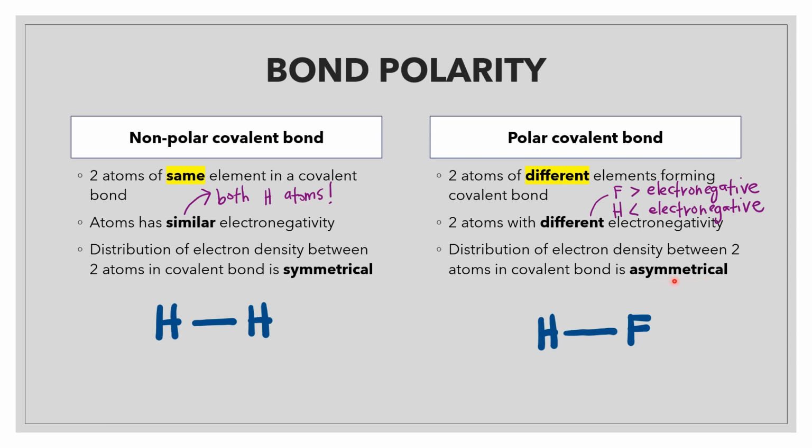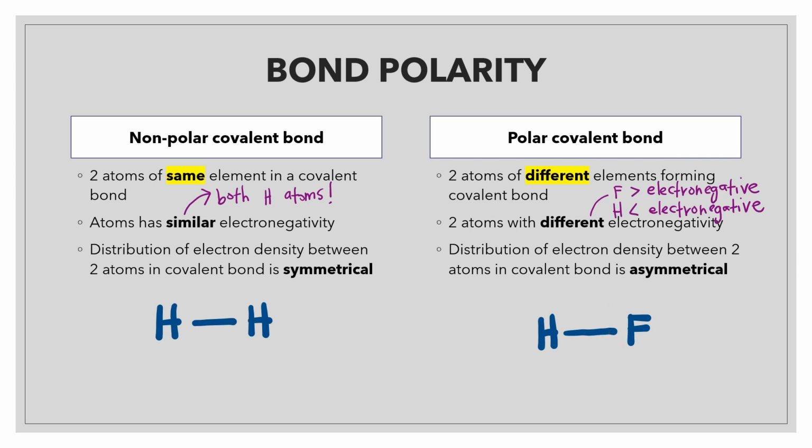Okay, so bagaimana boleh wujud asymmetrical distribution of bonding electron density adalah apabila dalam satu covalent bonding ini mempunyai dua atoms yang berbeza electronegativity value. So apabila wujudnya perbezaan electronegativity value di antara dua atoms yang terikat pada satu covalent bonding yang sama, maka distribution of the bonding electron density will be asymmetrical ataupun unsymmetry.